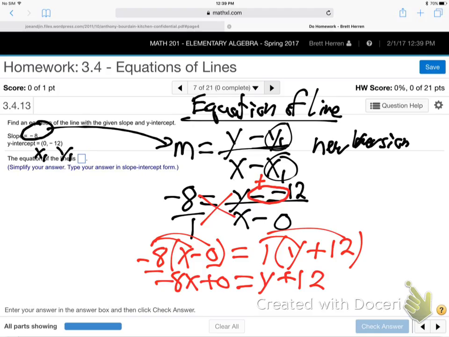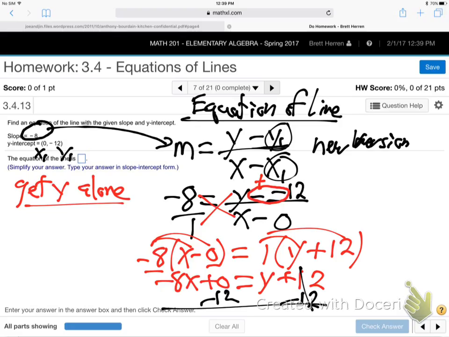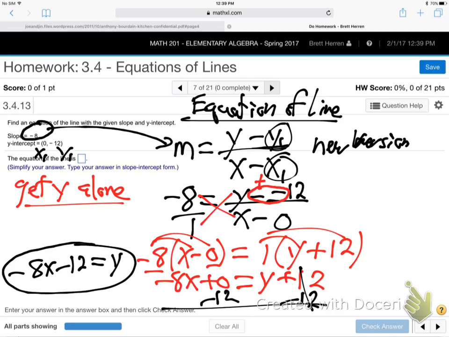We're just one step away. What are we trying to do? They want you to get y alone at the end, like all the other ones. So I've got to finish by y is saying, I want to be alone. What do I got to do to get y alone? -12. Subtract that 12 from both sides, gonzo. So what do we have? -8x minus 12 is y. That's the answer.